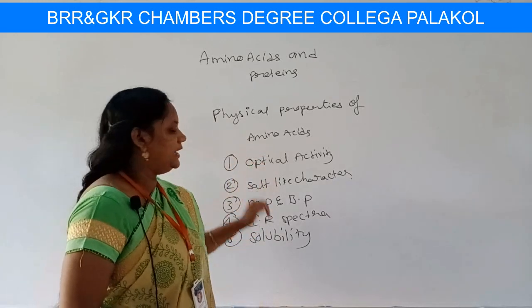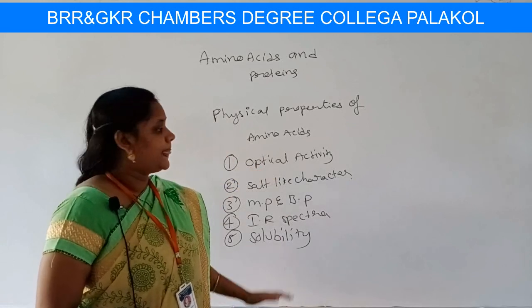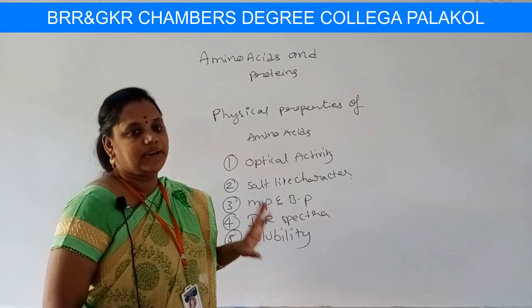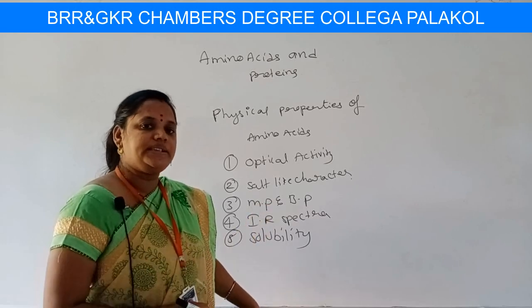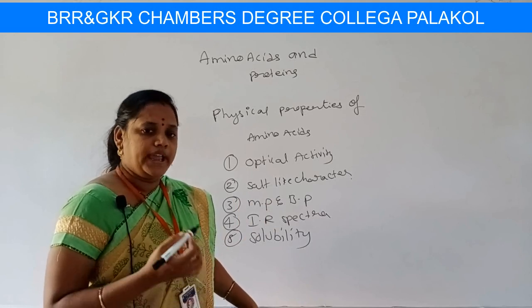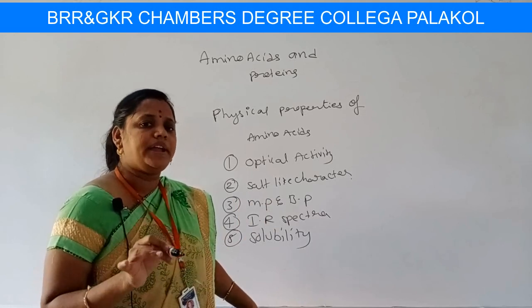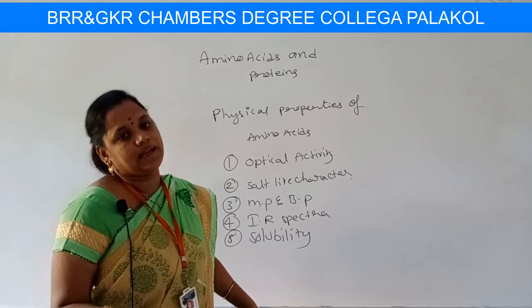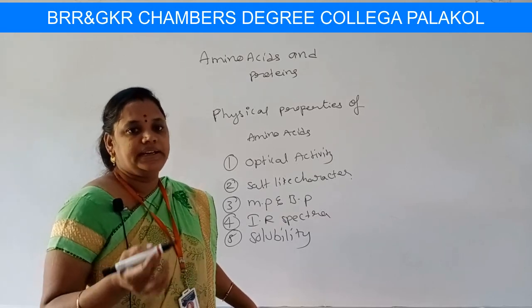Okay students, let me start with optical activity. All the amino acids are optically active except glycine, because except glycine all the other amino acids have an asymmetric carbon, I mean chiral carbon. Let us discuss in detail.